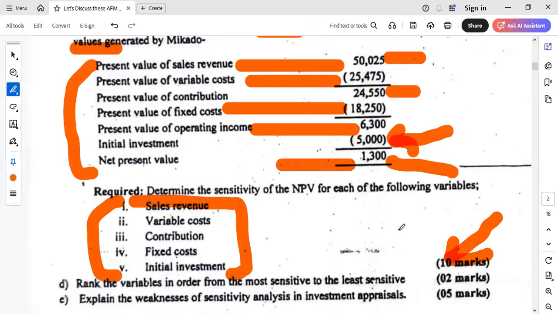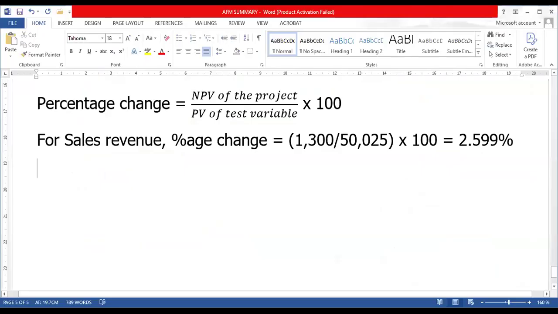We are going to say that it is only sensitive if it can change the decision, if it can change your initial decision. Your initial decision was that I can undertake this project and invest in it because it has a positive NPV. But to what extent can you change that decision?